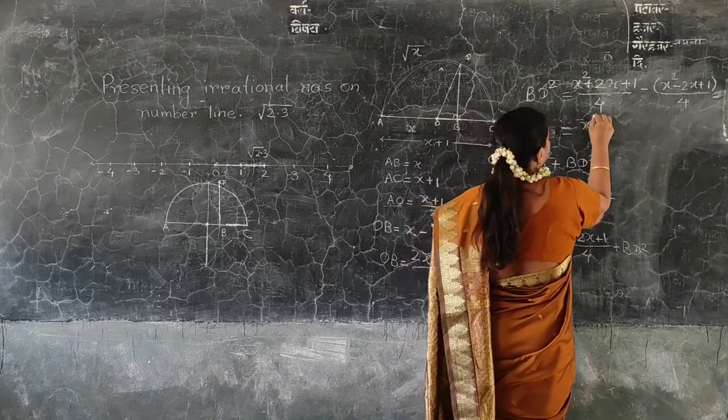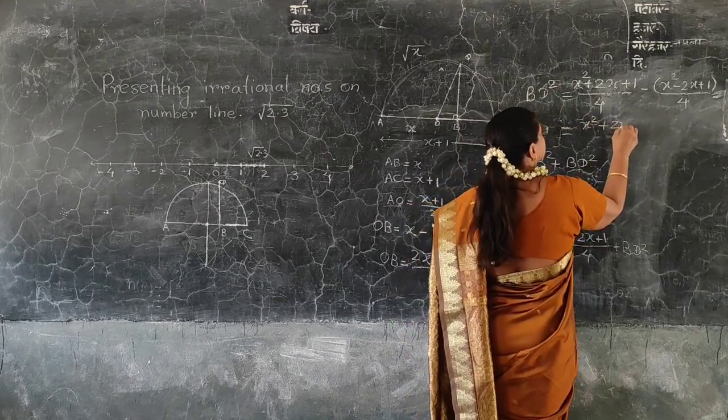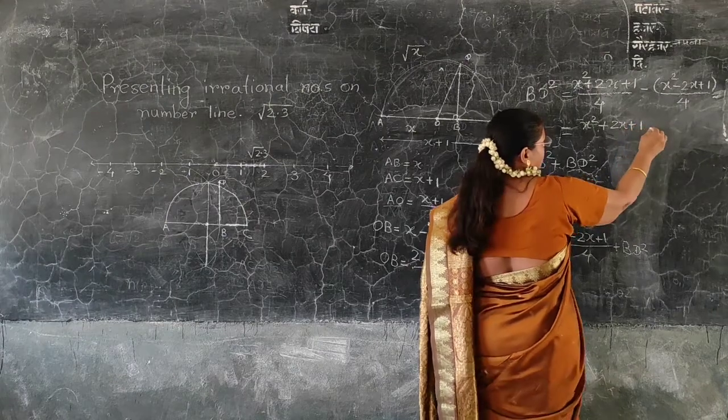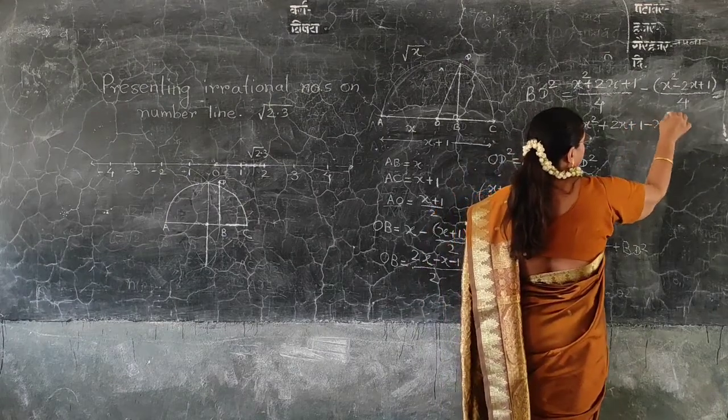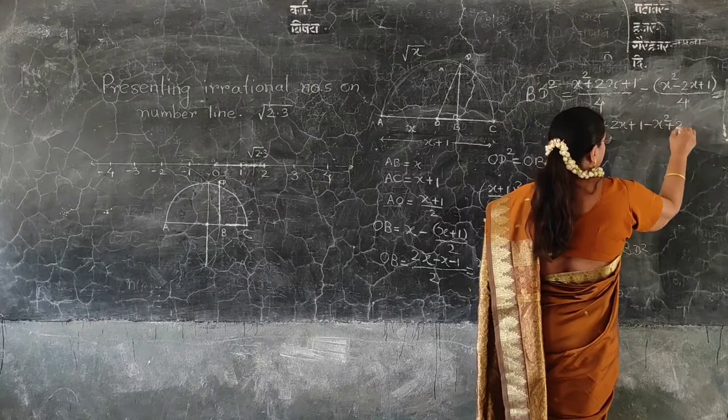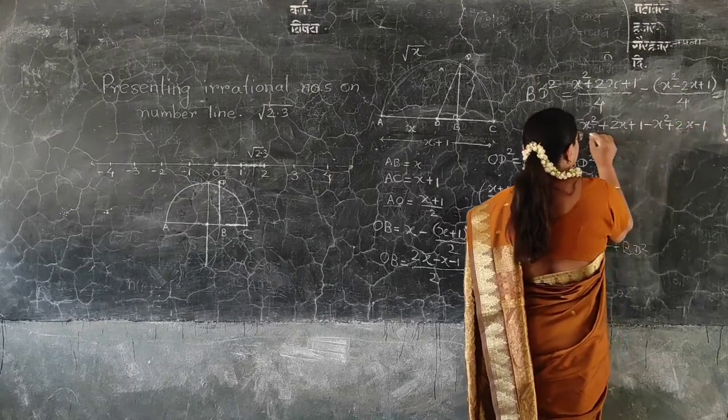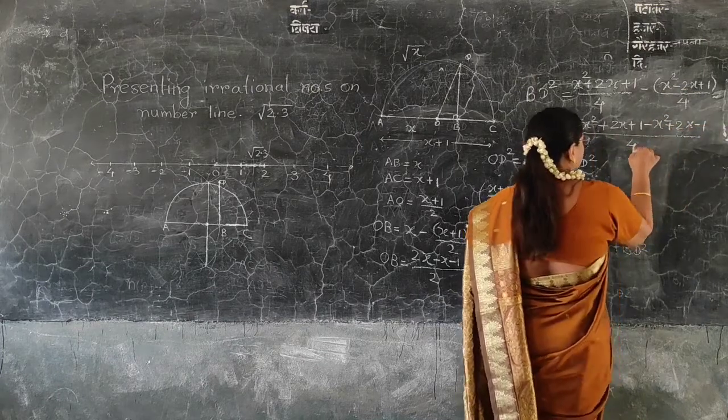So this will become (x square plus twice x plus 1 minus x square plus twice x minus 1) upon 4.